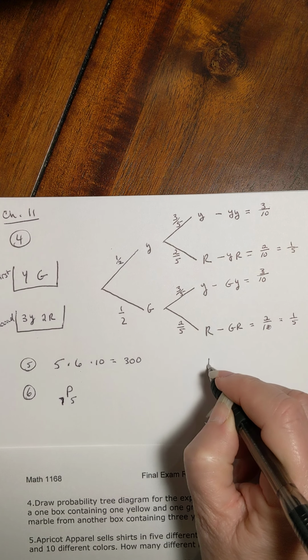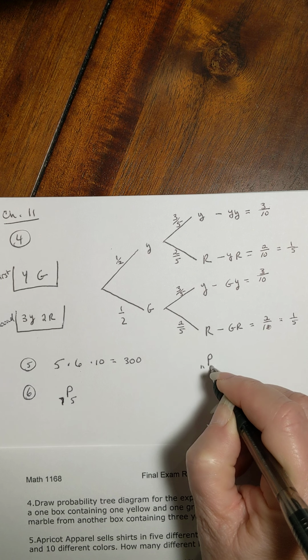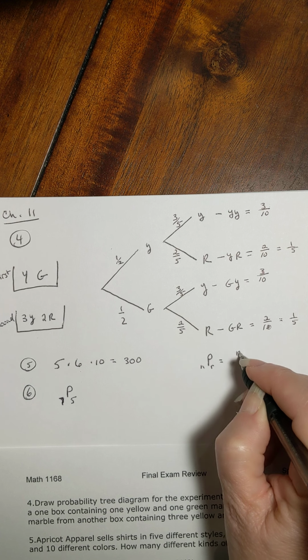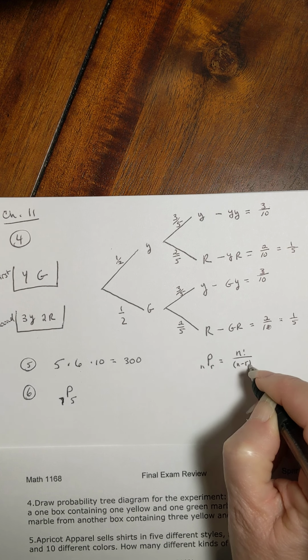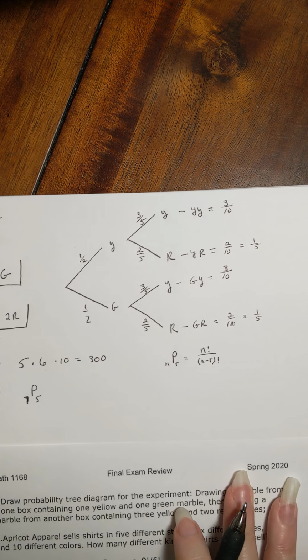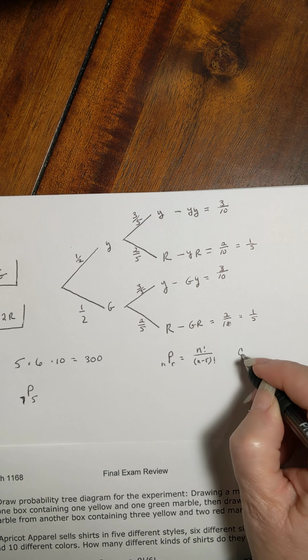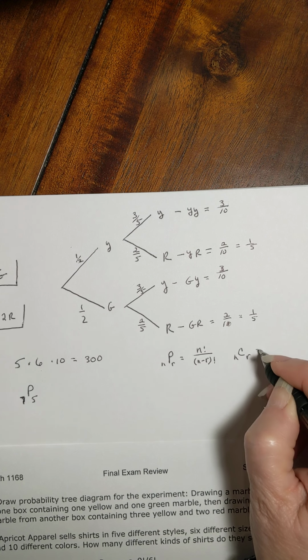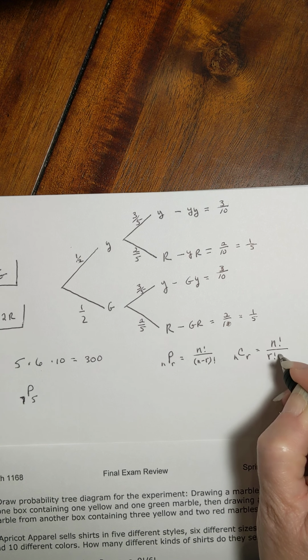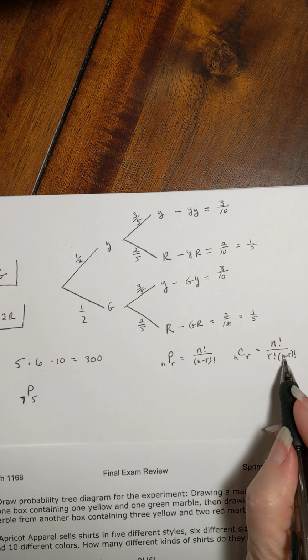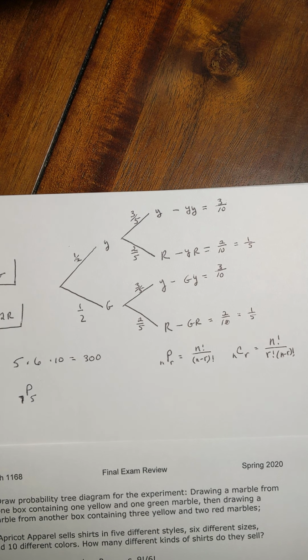So remember, the formula for permutations is n factorial over n minus r factorial. For combinations of n choose r, it's n factorial over r factorial times n minus r factorial. So remember, these two add up to give you n.